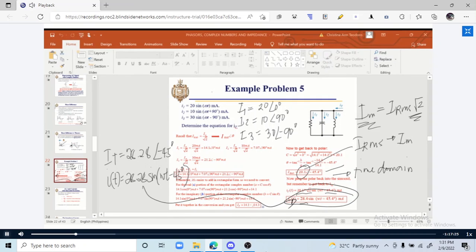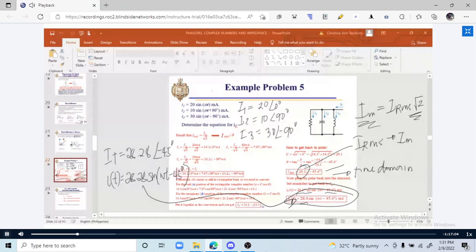Okay, in parallel, voltages are the same, but we are dealing with current. How can we get the total current if we are on a parallel setup? We need to add all the individual currents in parallel, correct? To get the total current. Therefore, in order for us to get the I total, we need to add I1, I2, and I3.